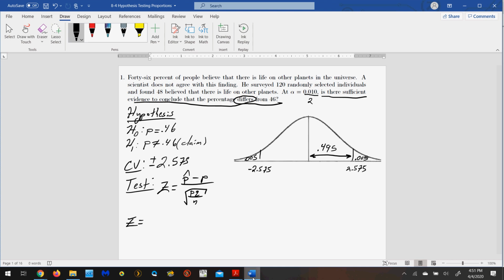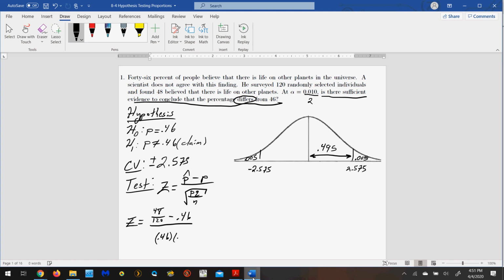Now p hat is my sample proportion. My sample proportion here was 48 out of 120. If you want to simplify that, that's cool. That's fine. You're going to be plugging all this into a calculator at once, so it does not matter. p would be 0.46. So 0.46 again. q is the complement of that.